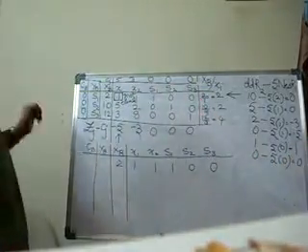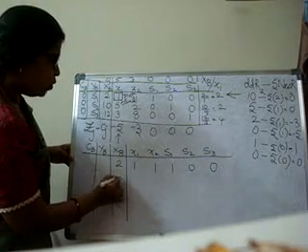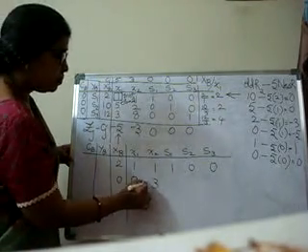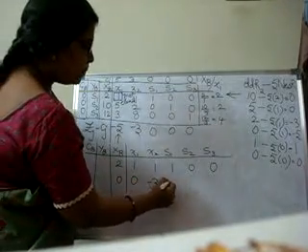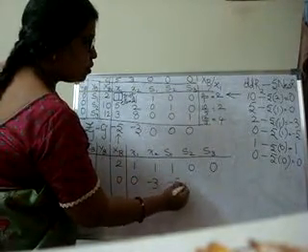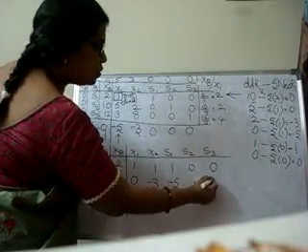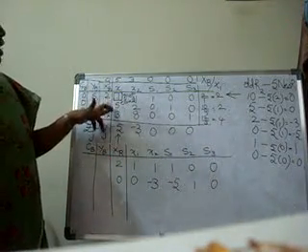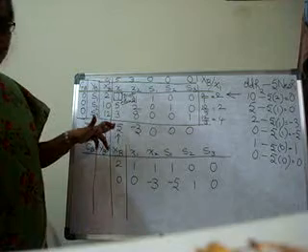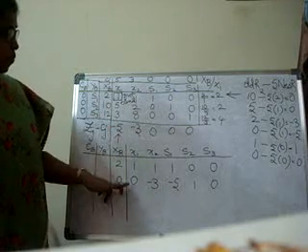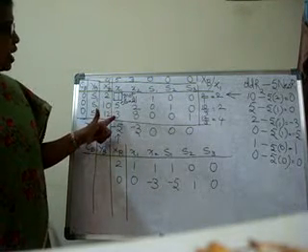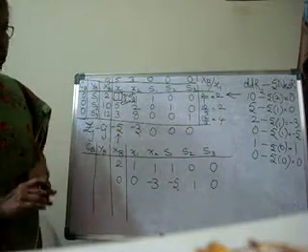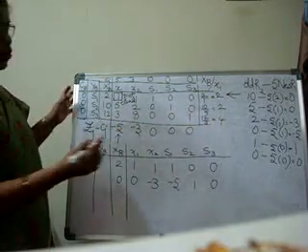Now the new second row will become 0, 0, minus 3, minus 5, 1 and 0. I have converted the second element of a pivotal column into 0. Now my task is to convert the third element also into 0. How am I going to do the third element into 0?